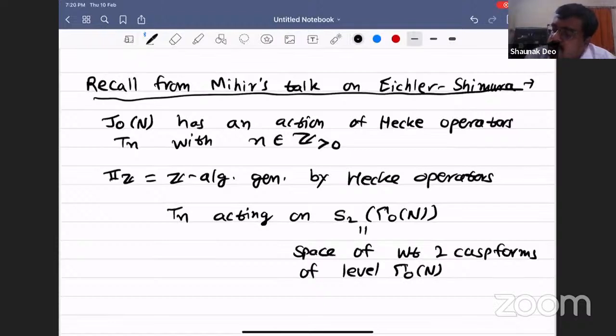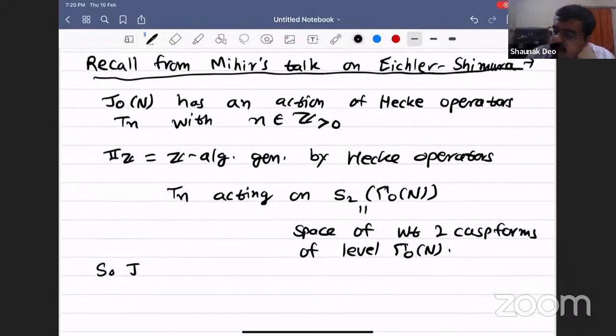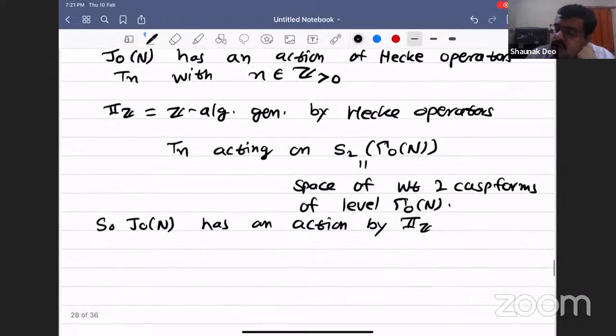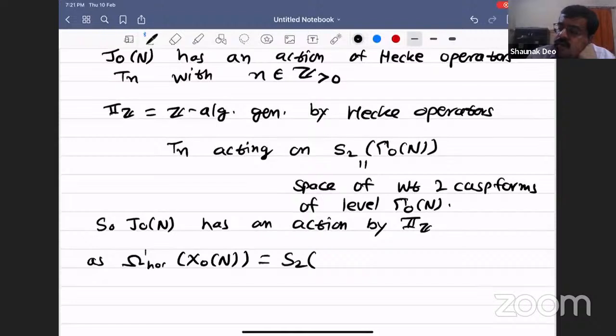So basically what you saw in Mihir's talk is that J0 of n has an action by this T_Z. And this is because, if you take omega 1, the holomorphic differentials on X0 of n, this is nothing but S2 of gamma naught of n, because these are just the holomorphic differential forms on X0 of n, since the weight here is 2. And so the action of the Hecke operators on S2 will give you an action on its dual, and that's how you get the action on J0.